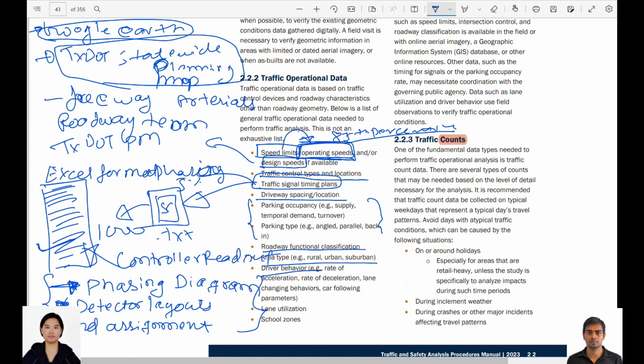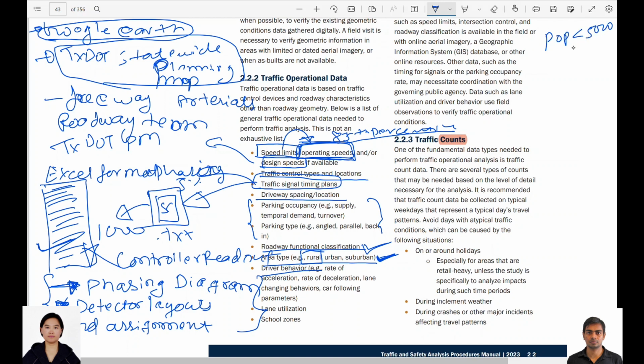Roadway functional classification we can get from the TxDOT statewide planning map, and usually that's the best source. Area type, rural, urban, and suburban, we can get either from the planning map or from the Crash Record Information System, which has crashes by this. For the purpose of classification, an area is defined as rural if the population is less than 5,000 people.